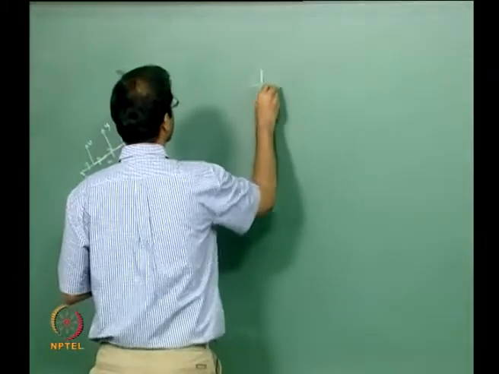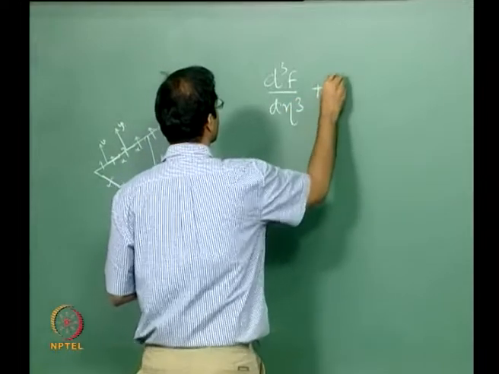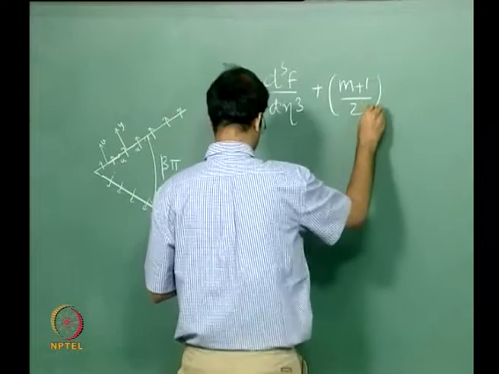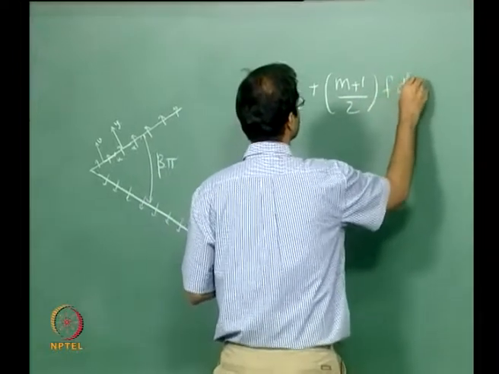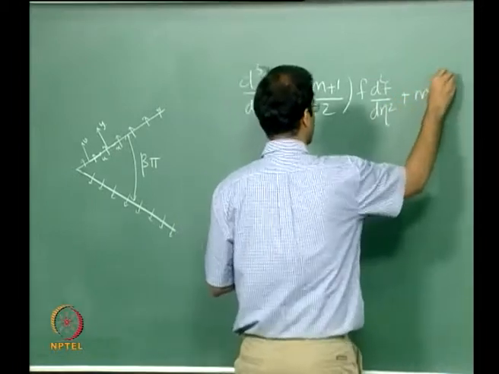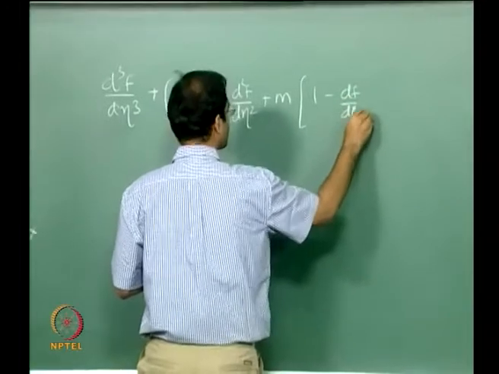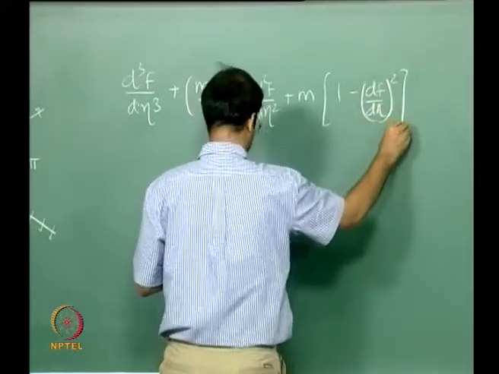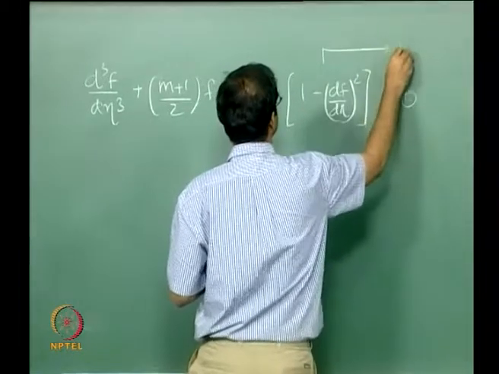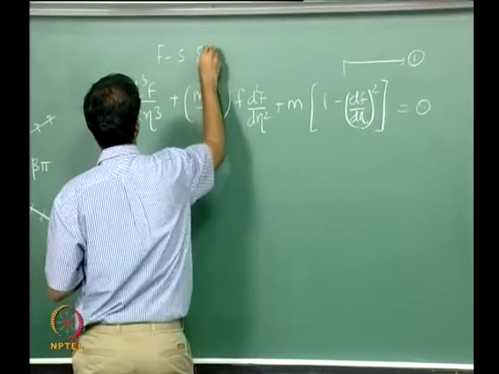So I am going to write it down. Okay, so let us call this equation number 1. This is your Falkner-Skan similarity equation.